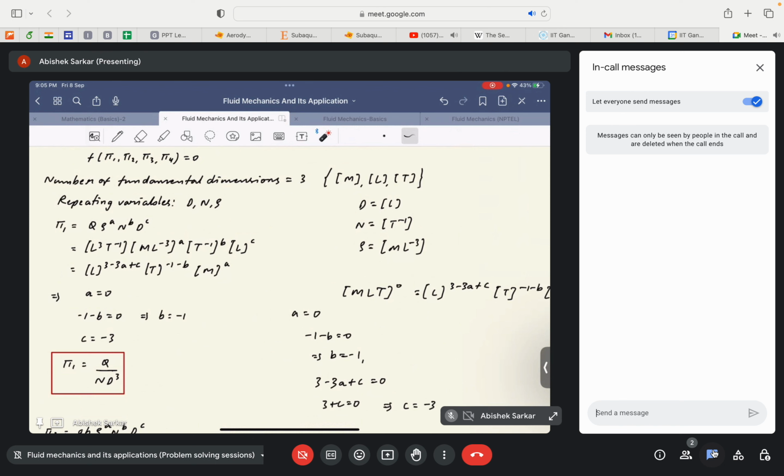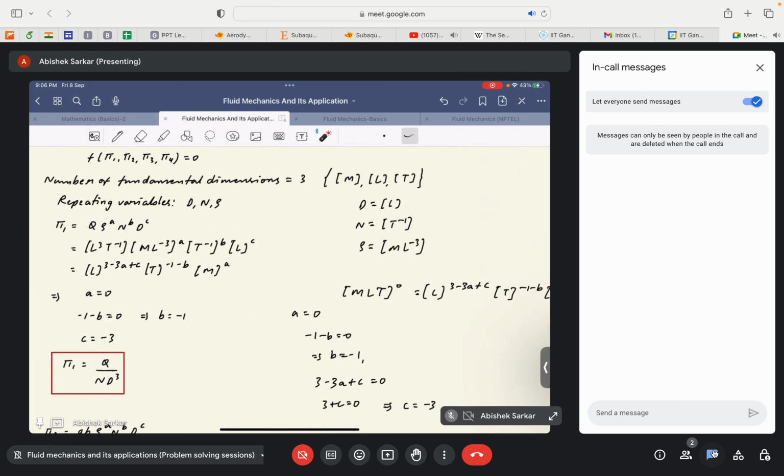As far as I remember, one of those rules is that these three variables should not themselves constitute a non-dimensional number, by any product or division among themselves. So this is one of the rules.